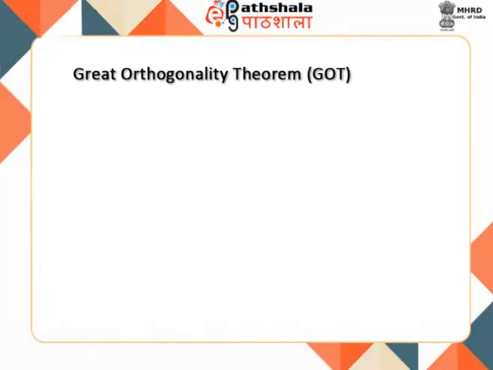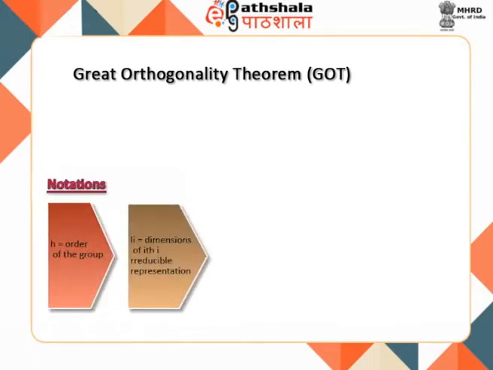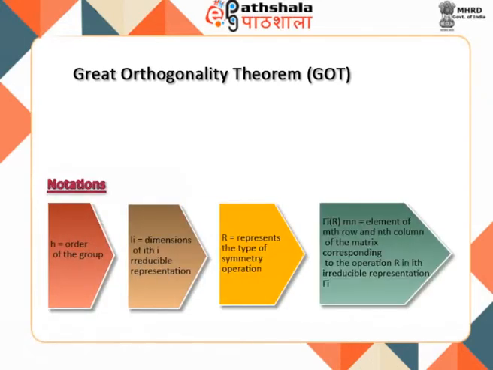After reaching this point, there is now a great need for us to study the Great Orthogonality Theorem. All the properties of a group, irreducible representations, and their characters, which are very important in solving problems connected with chemical bonding and molecular dynamics, can be derived from one basic theorem, which takes into account the relation between matrix elements of the irreducible representations, the Great Orthogonality Theorem.